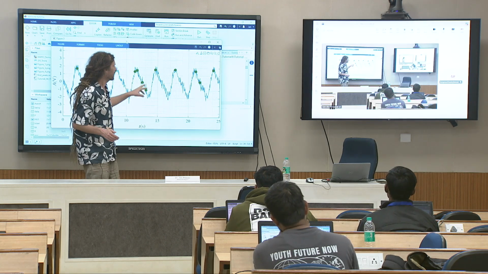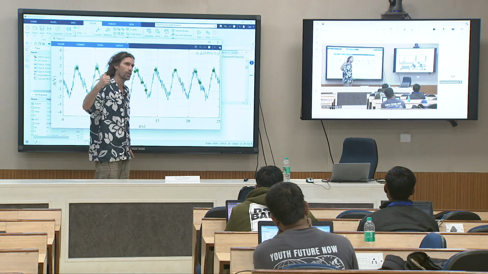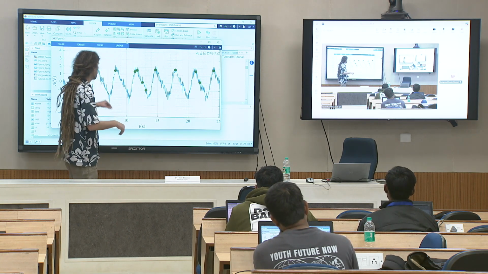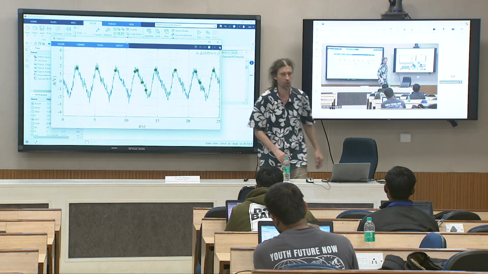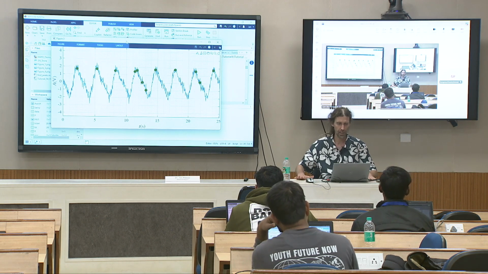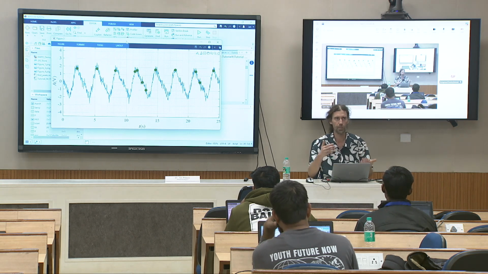But you can say it is not true. So if you go lower and lower, there will be more and more of these green dots where local maxima is identified. But it does not mean that it is wrong, if you get my point, because it depends on setting.